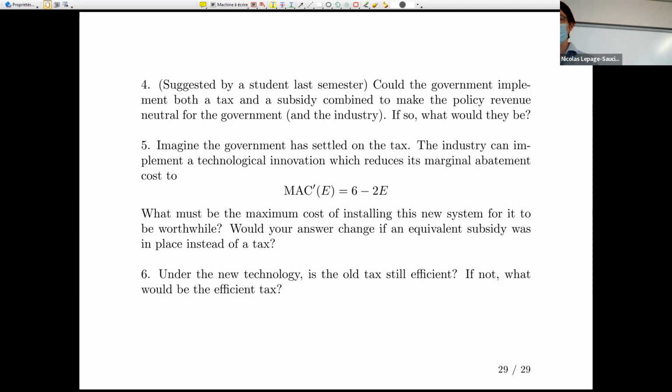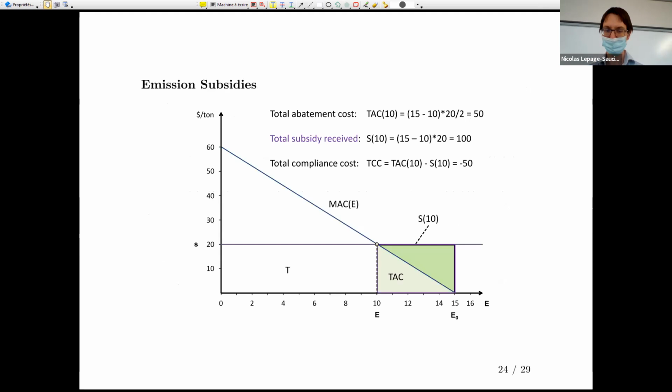Well, I don't want to spoil too much, but think about it. If I'm at E there, and there's a tax, I'm asking myself, should I increase the emission? Well, I'm going to pay 20, but my marginal abatement cost is lower than that, so I'd rather abate. But then the question is, should I reduce emissions even more? Then okay, I receive 20 if I reduce, but then my abatement cost is even more.